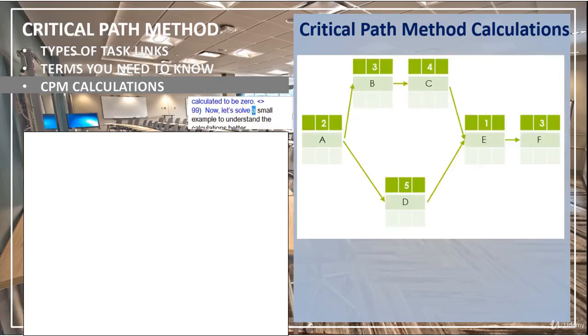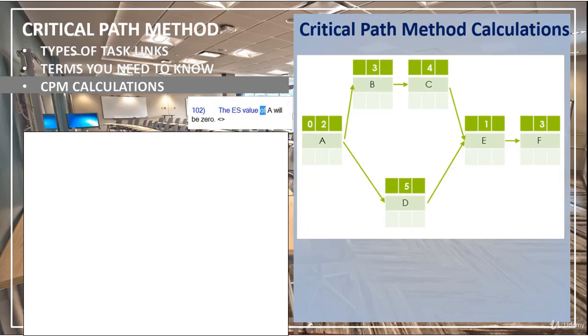Now, let's solve a small example to understand the calculations better. Let's say we have a project with 6 tasks like this. Let's find the critical path here. As we did previously, we will write 0 to the ES value of the first task.